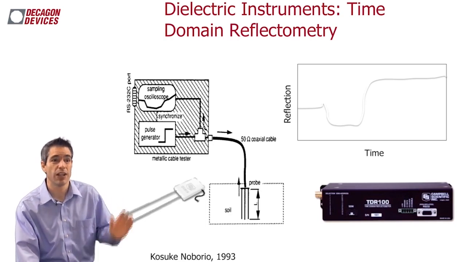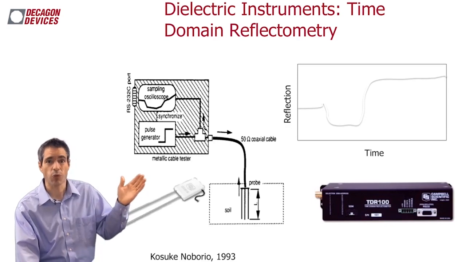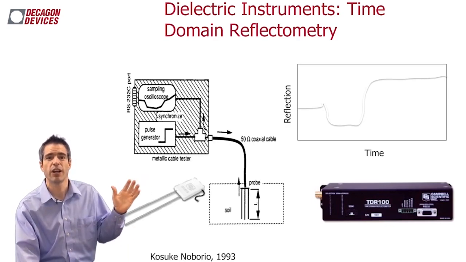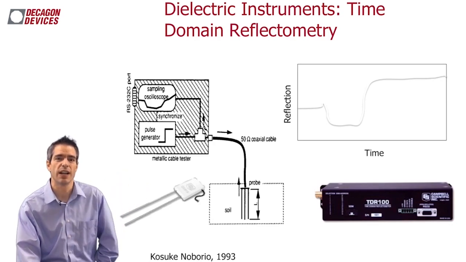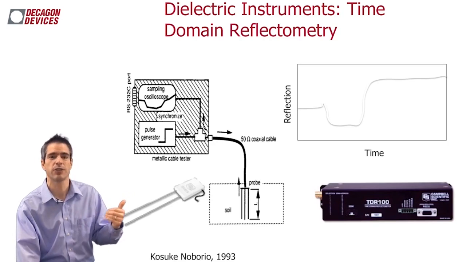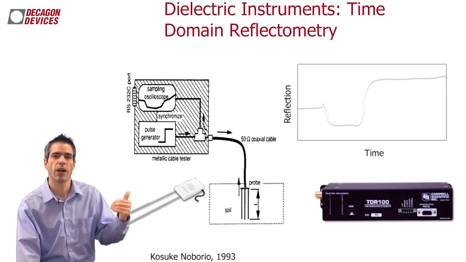So here I'm going to first say we have this generator that generates a voltage pulse that we're going to send down a cable. Can I just say that initially this technology was used to hook up to power lines to figure out where power lines were broken.